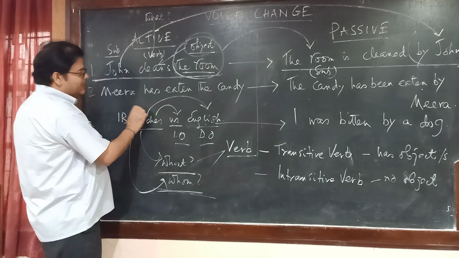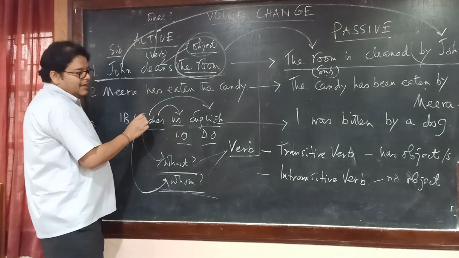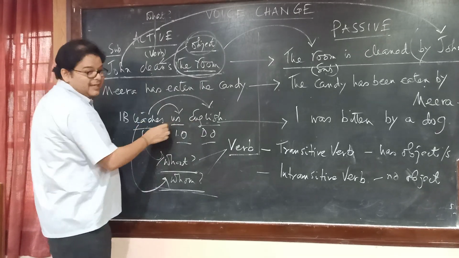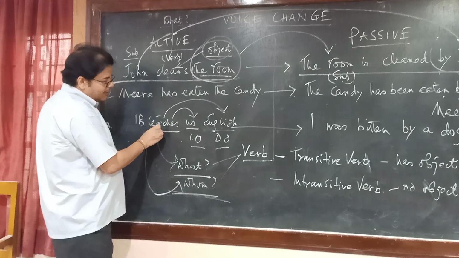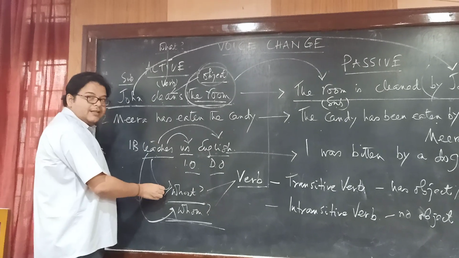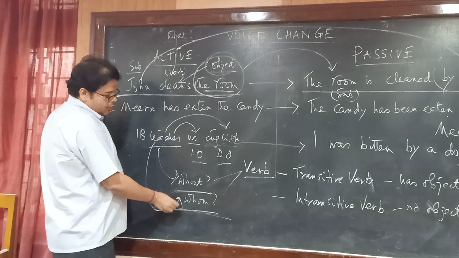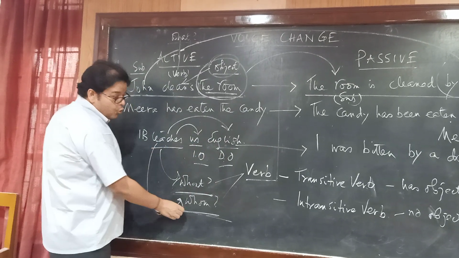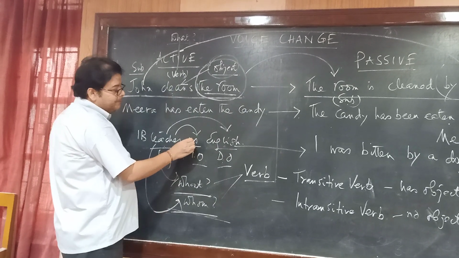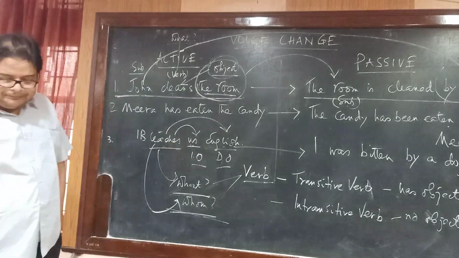Here the verb teaches has two objects. It is a transitive verb and it has two objects. You get answers to both these questions, what and whom. The answer to what is English, so this is the direct object. The answer to whom is us, so this is the indirect object, right?